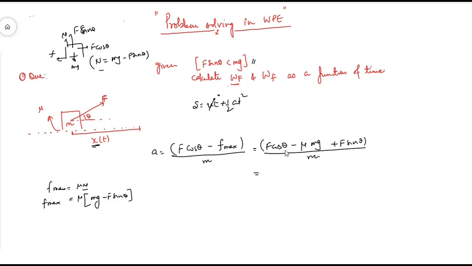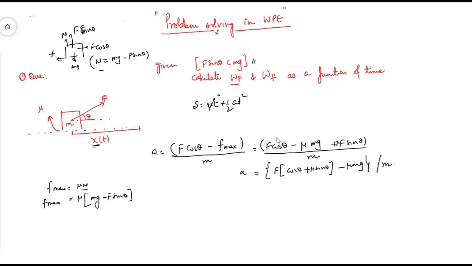Just notice that I'm taking the negative of F max, so this becomes minus nu mg and then plus nu F sine theta. Again I can rearrange it in this way: F cos theta plus nu sine theta, minus nu mg, this whole thing divided by m.